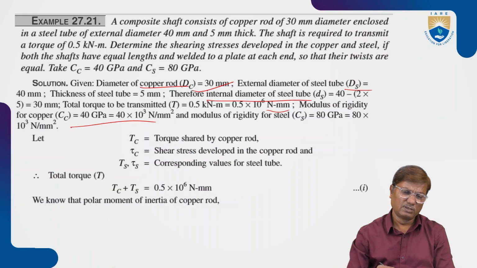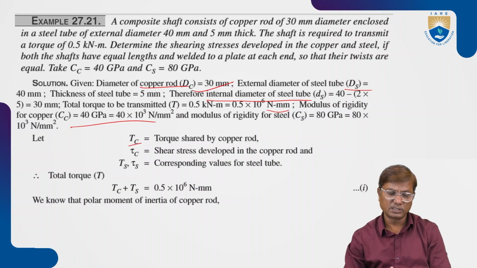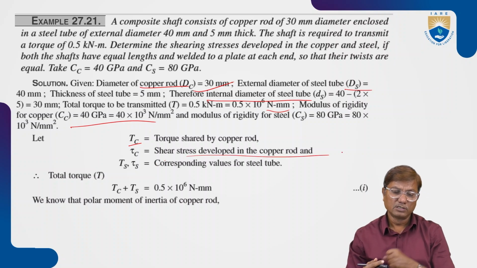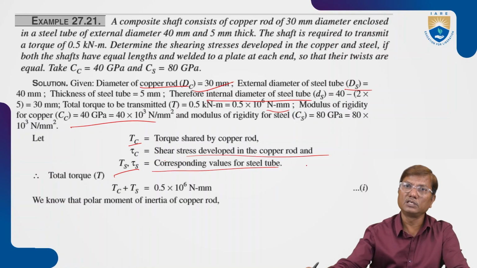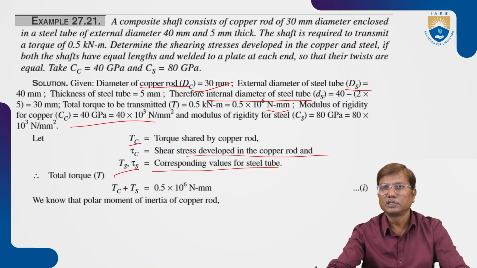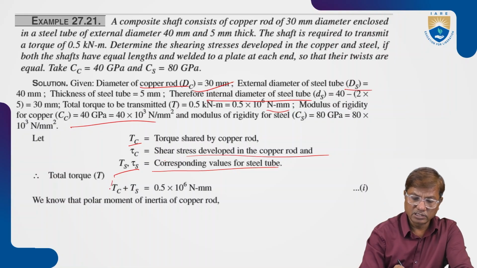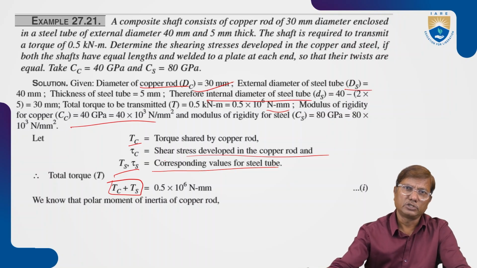So now let T suffix C be the torque shared by copper rod and tau C the shear stress developed in copper rod. Similarly, capital Ts and tau S are corresponding values in steel tube, that is torque shared by steel tube and shear stress developed in the steel tube. And the condition in this case is the torque is shared between the copper rod and steel tube.